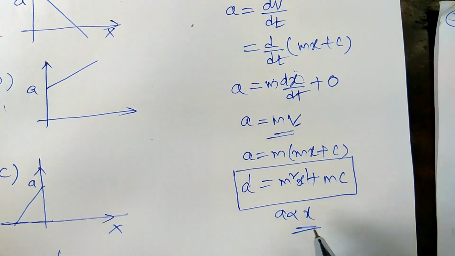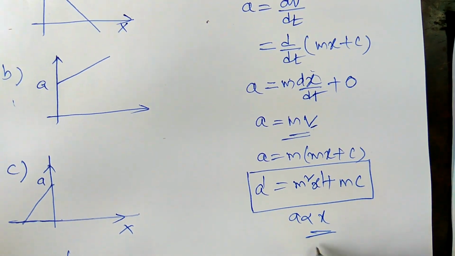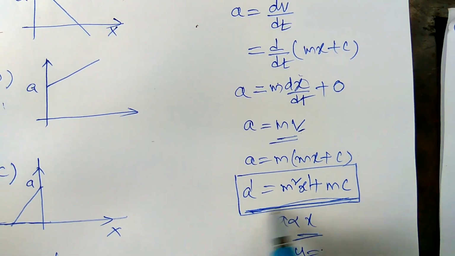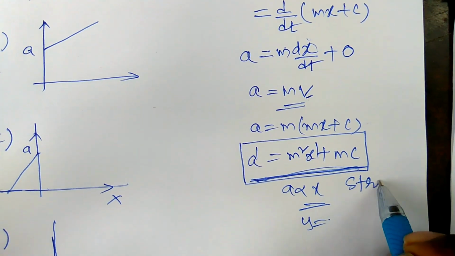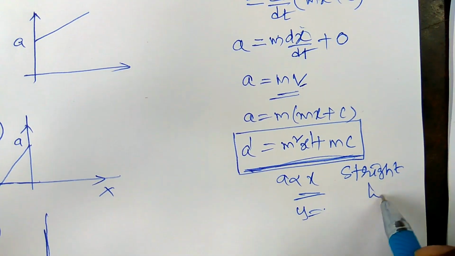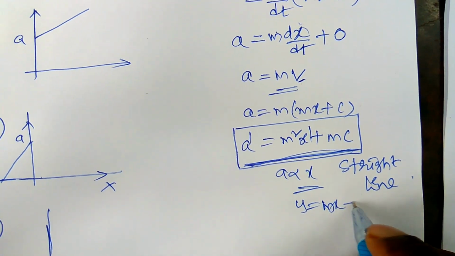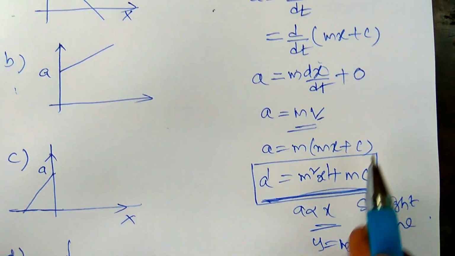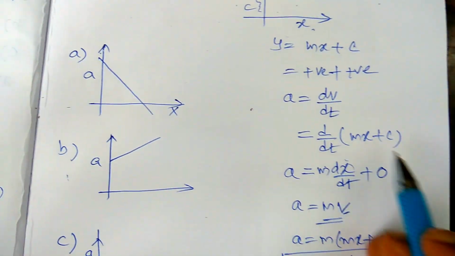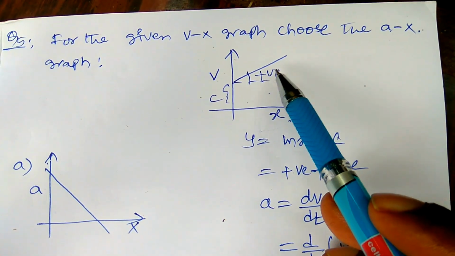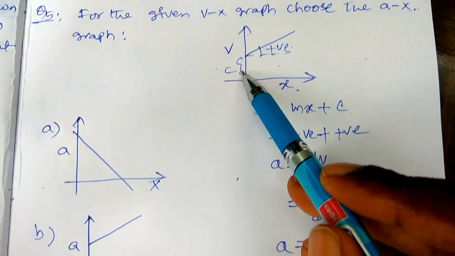Hence we write that the displacement y equals mx plus c. The graph should be a straight line, where y equals mx plus c. Due to the straight line, the slope will be positive, as it is, and the constant will be positive.